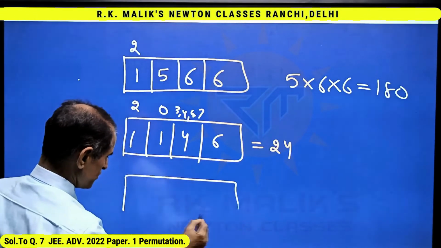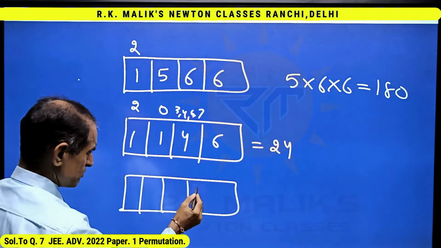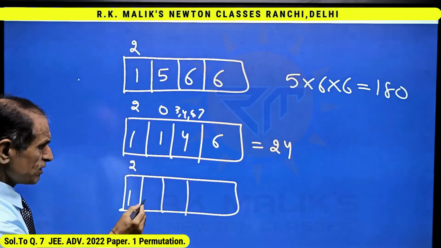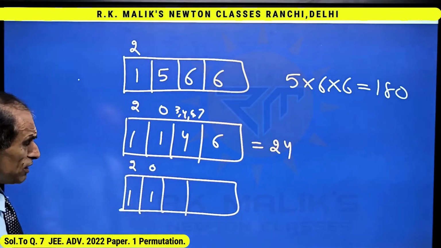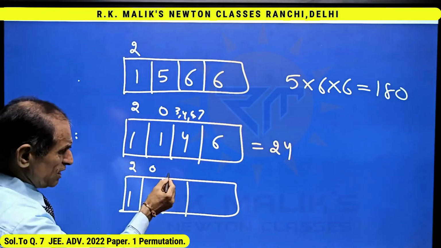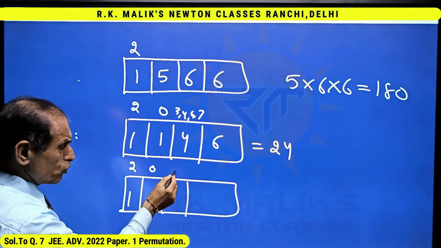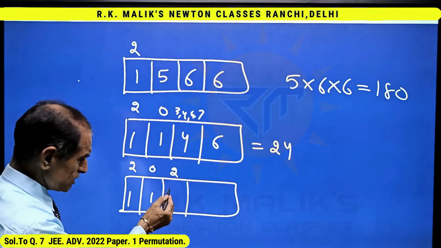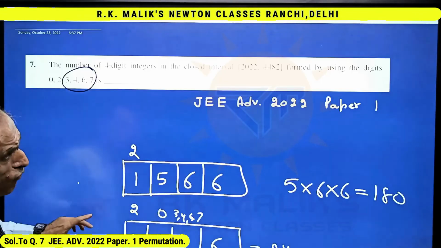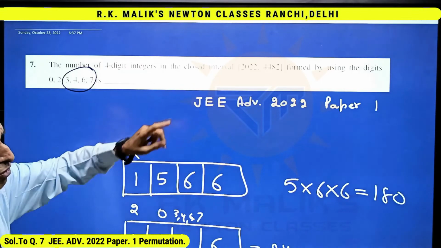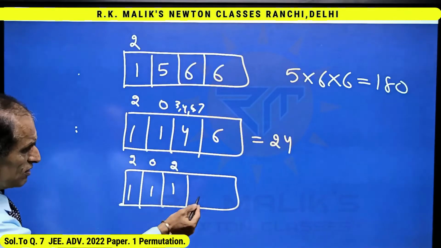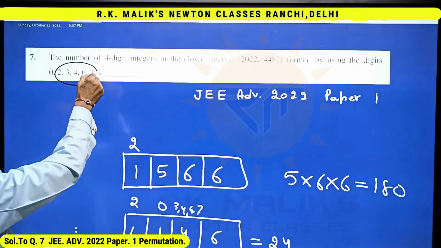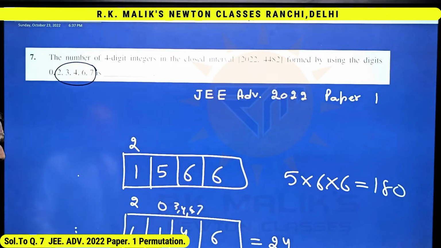And if 2 is there in the first place, 0 is there in the second place, and now I am dealing with the case when 2 comes here in the third place. If 2 comes in the third place, for the number to be greater than or equal to 2022, this place will have to be filled by any of these 5 digits.